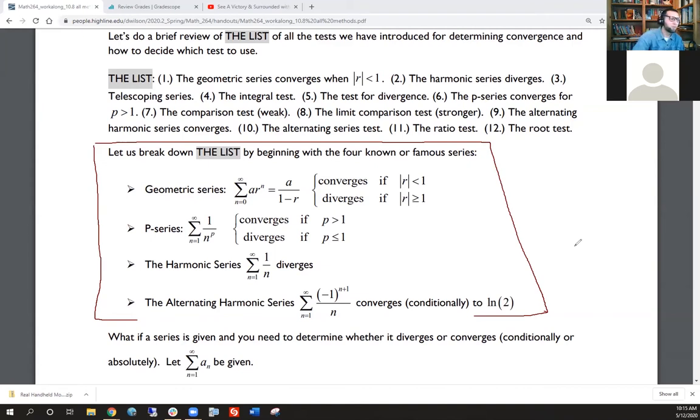And so we're doing a comparison test or a limit comparison test, and we're like, well, what do I compare to? Oh, let me compare to one of these scenarios. Or if you're trying to understand a theory or a theorem, then oftentimes you can understand it by comparing it or applying one of these kind of known famous series to the new situation.